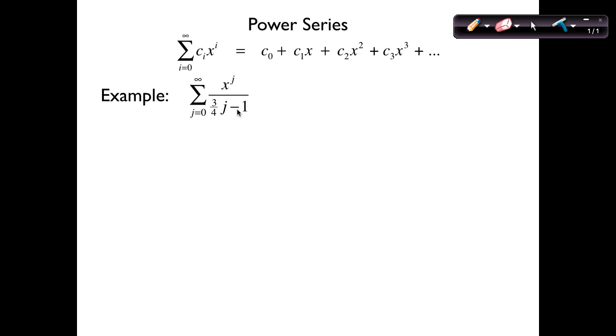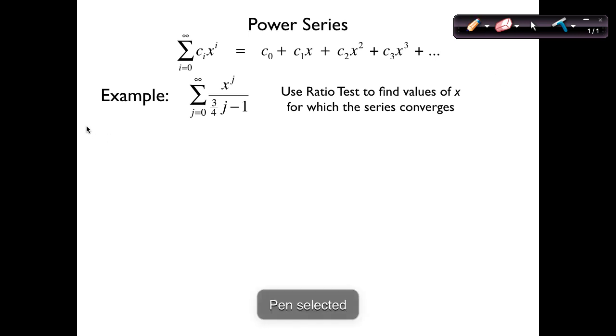So we're going to use the ratio test to find the values of x for which the series converges. Do the first step, and just leave x as it is, and do everything else the same. To do the ratio test, we look at the ratio of the i plus first term to the ith term.